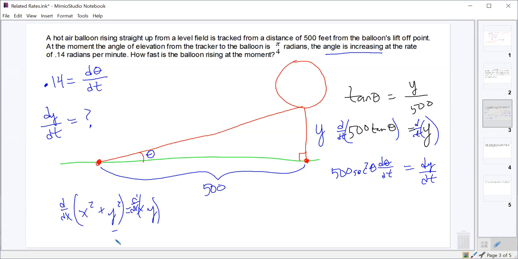But when we do the y's, we get 2y dy dx, because we're differentiating with respect to x. Here we're differentiating with respect to t, but neither of these variables is t, so they have to get these d theta dt or dy dt terms attached to them. Does that make sense? Yes, it does. It's just implicit differentiation, except that we're doing the derivative with respect to t, and since none of these have t, they both get that extra added piece.